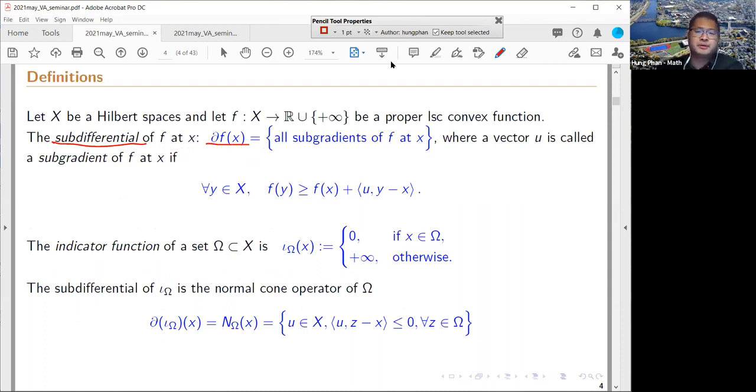The basic subgradient in convex analysis is defined by this property, the convex inequality. Then the indicator function, and the subdifferential of the indicator function is the normal cone operator. Since this is the optimization seminar, I hope everybody is already acquainted with this, and I will move on to the next slide.